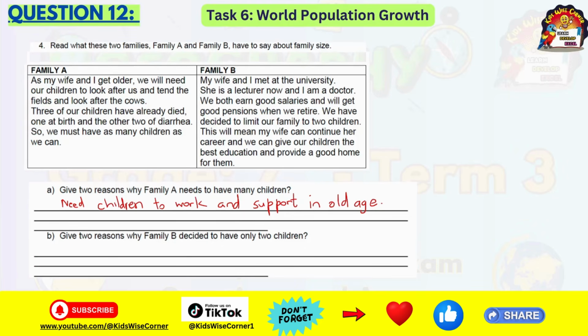So family B decided to have only 2 children because they wanted to give the children the best education and provide a good home for them.